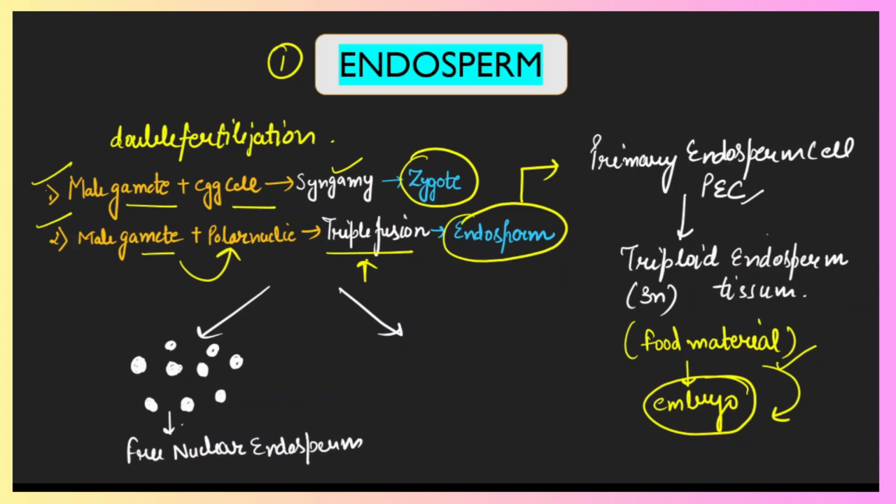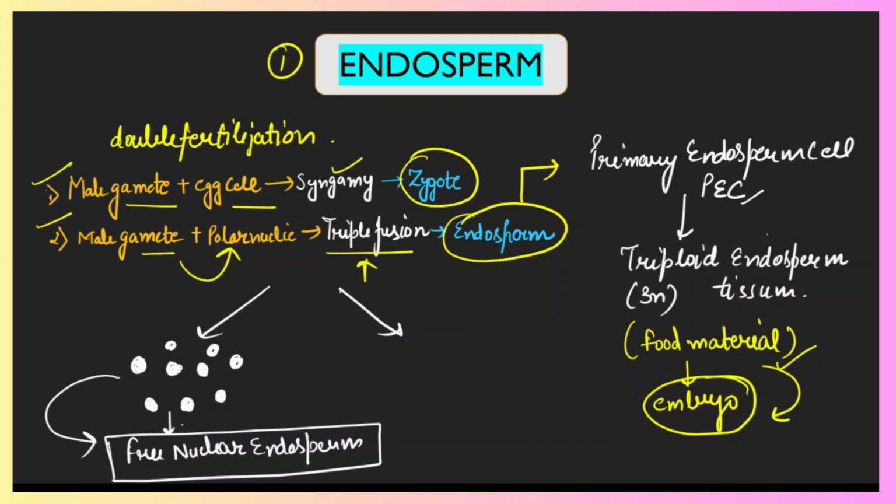So the nucleus of the endosperm undergoes free nuclear divisions, and those endosperms are called the free nuclear endosperm.